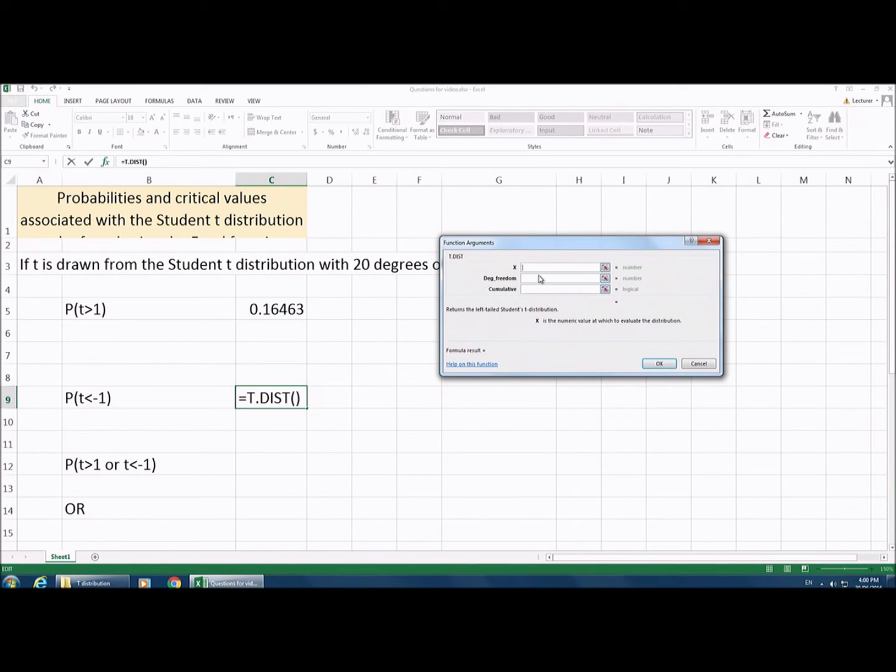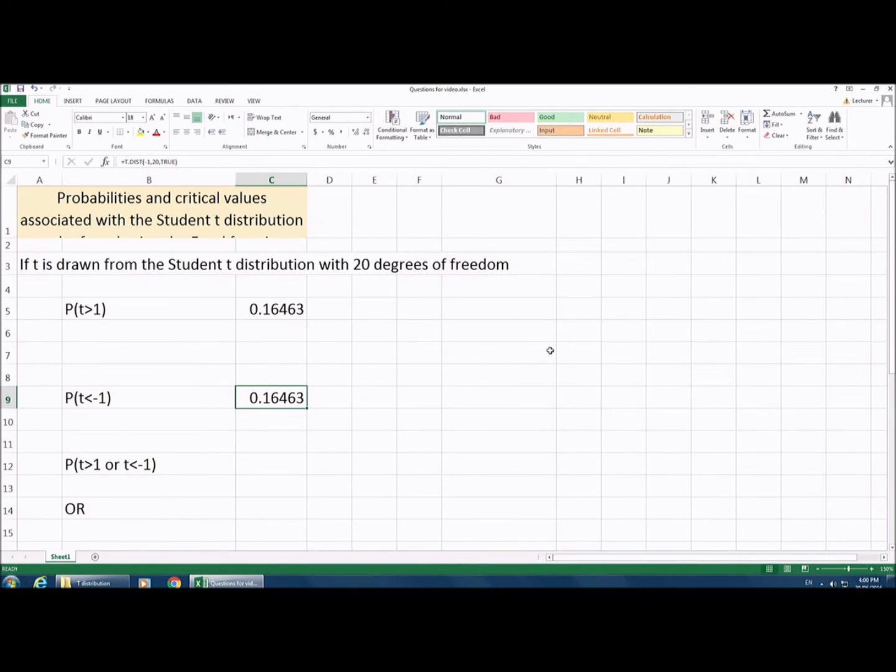This function has 3 arguments, not only a value for x, which is -1, and degrees of freedom, which is still 20, but this function also asks for cumulative. Now here, cumulative will always be true when we use the t.dist function, so we type in true here for cumulative. And you can see the probability of 0.16.